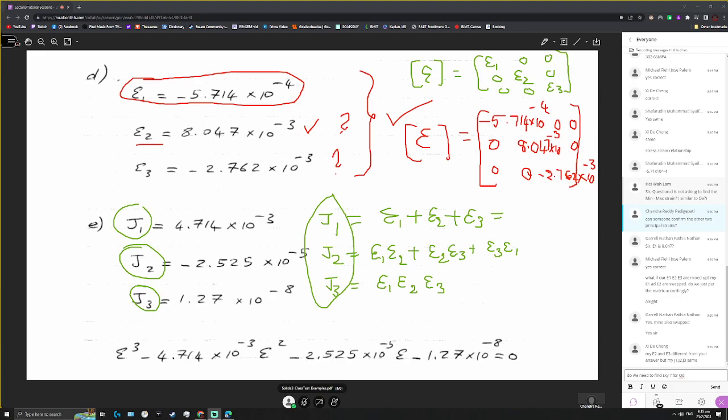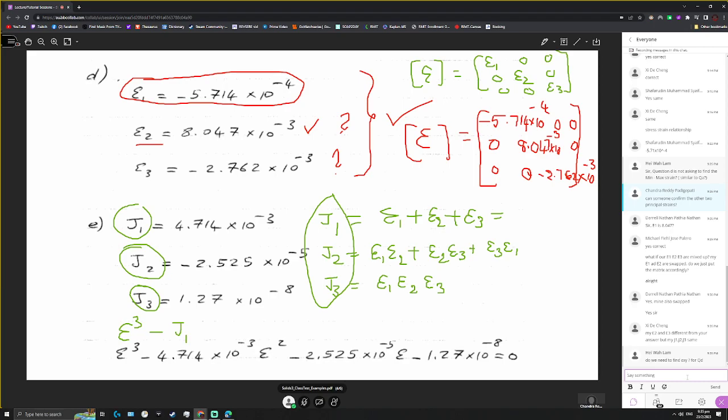So once you know J1, J2, J3, you can write your characteristic equation for the state of strain as epsilon cube minus J1 epsilon square plus J2 epsilon minus J3 is equal to 0. The question doesn't ask about that, so there is no need to worry about the shear strain in XY because anyhow it is 0.